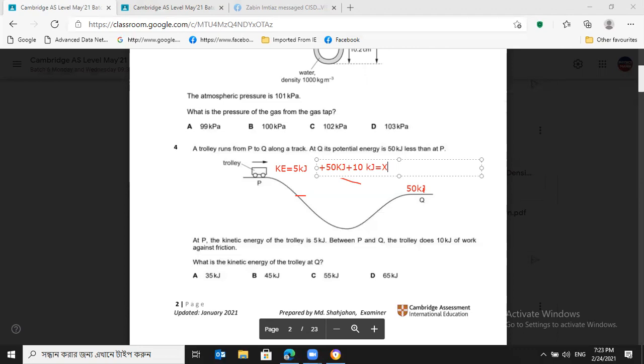So total energy here, how much can you calculate?